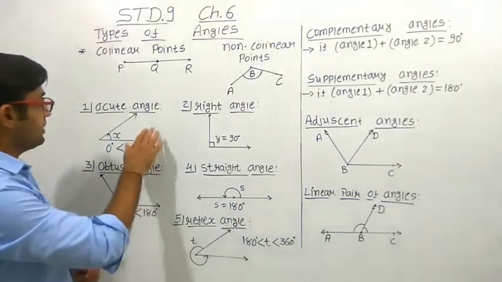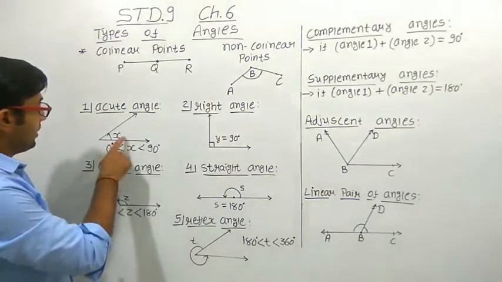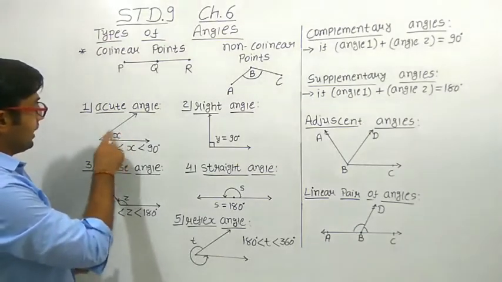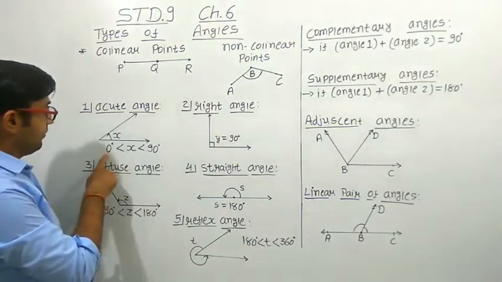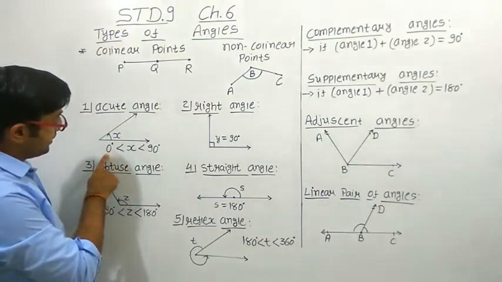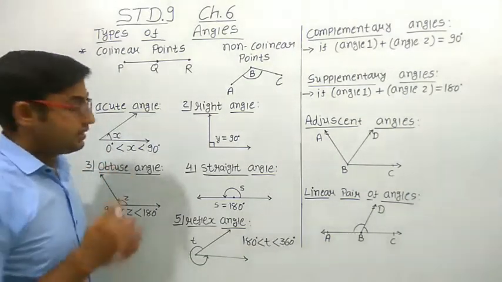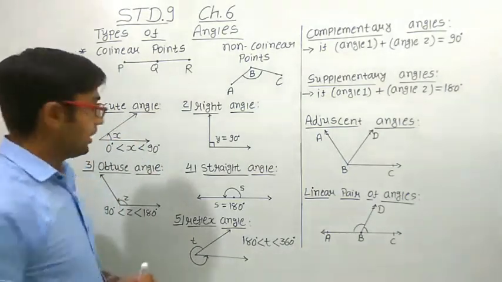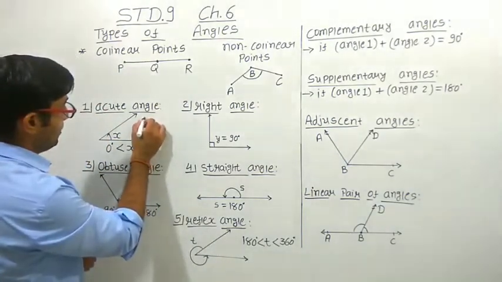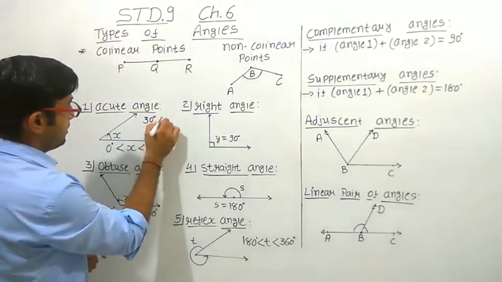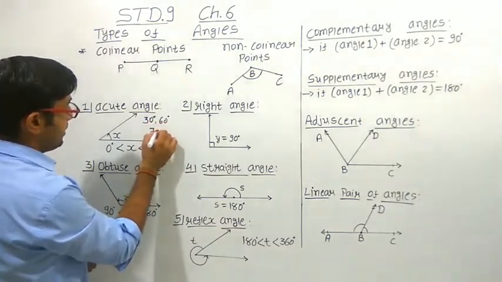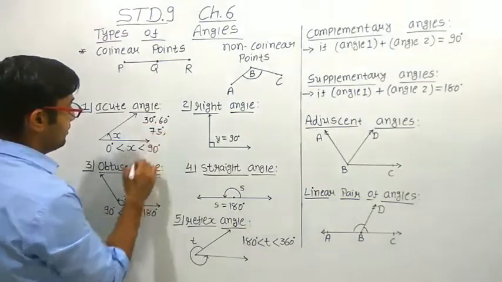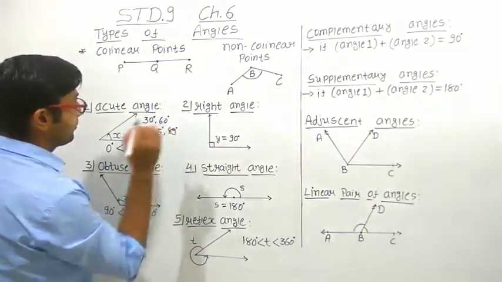See, the first type is the acute angle. Acute angle means, see, this is the angle x. If the angle value is greater than 0 degree and less than 90 degree, then that kind of angle is called an acute angle. For example, we can take 30 degree, 60 degree, 75 degree and 89 degree.